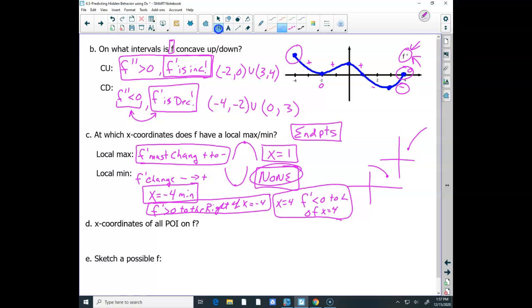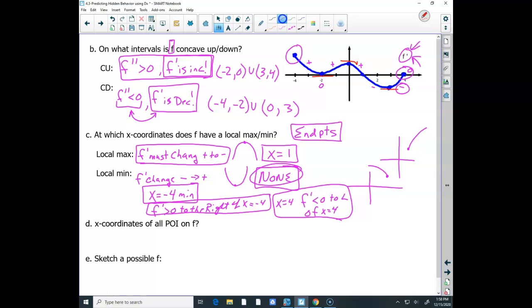What are the x coordinates of all points of inflection on f? Well, remember, points of inflection on f, what are they? They are maxes and mins on f prime. That's out of my cloud of knowledge. So right here I have a minimum, right here I have a maximum, right here I have a minimum.